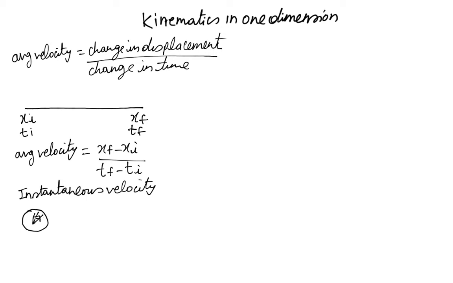It keeps on changing positions. What is this velocity that the speedometer is telling? This velocity is called the instantaneous velocity, which means the velocity at that particular instant.